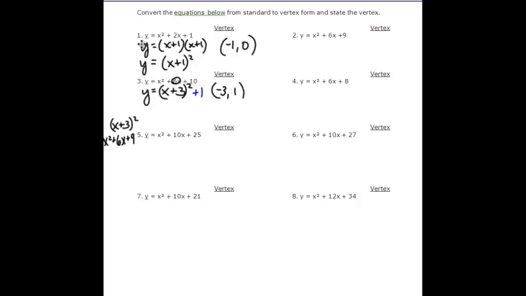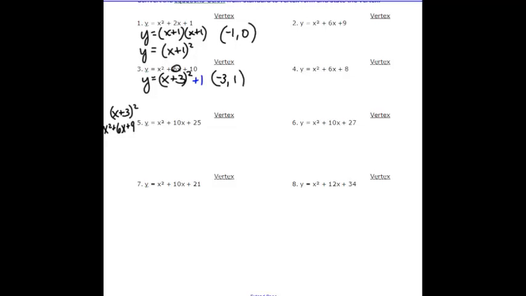Make sense? Let's try another one that's a little bit like that. Let's try number 7. So again, I take my middle term. This kind of relates to completing the square, which you're going to be working on next year. If I take half the middle term, I would get x plus 5 quantity squared. Well, x plus 5 quantity squared gives me x squared plus 10x, which is what I wanted, plus 25. Well, the 25 isn't good for me.